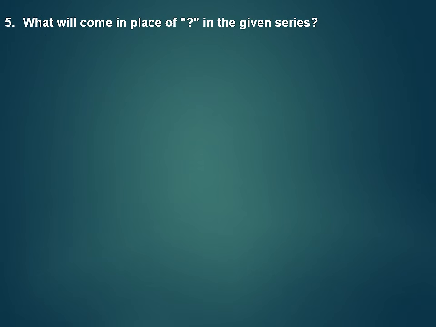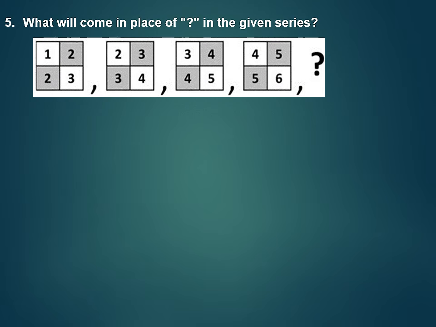What will come in place of the question mark in the given series? 1, 2, 2, 3, 2, 3, 3, 4, 3, 4, 4, 5, 4, 5, 5, 6. Understand the pattern here. If you see the first term of every block, 1, 2, 3, 4. So if I make a box like this, which number will come here? 5.